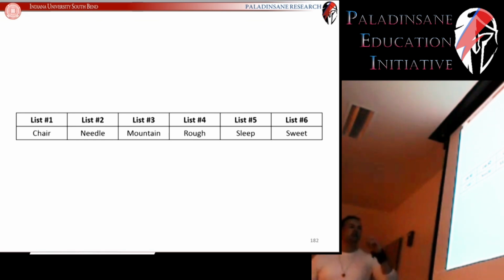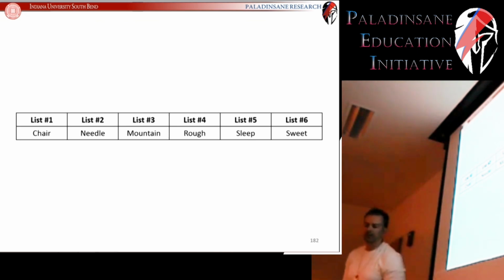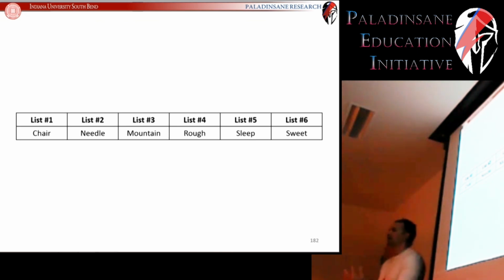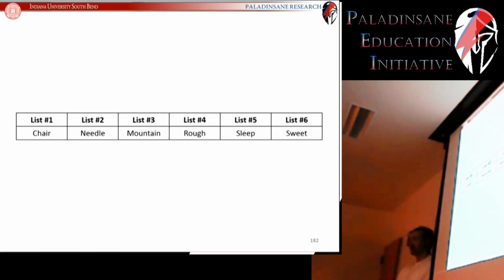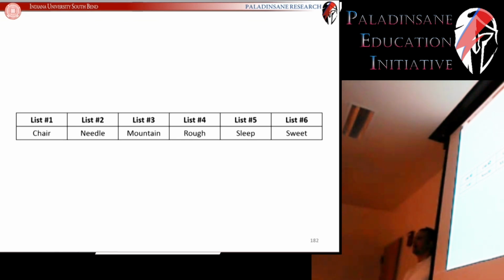So one last thing that I'll mention before we wrap up for today, and I've touched on it already. One of the things that you should try to keep in mind as we go through these methods of experimental psychology is linking what we do in the lab to what we do in the real world.